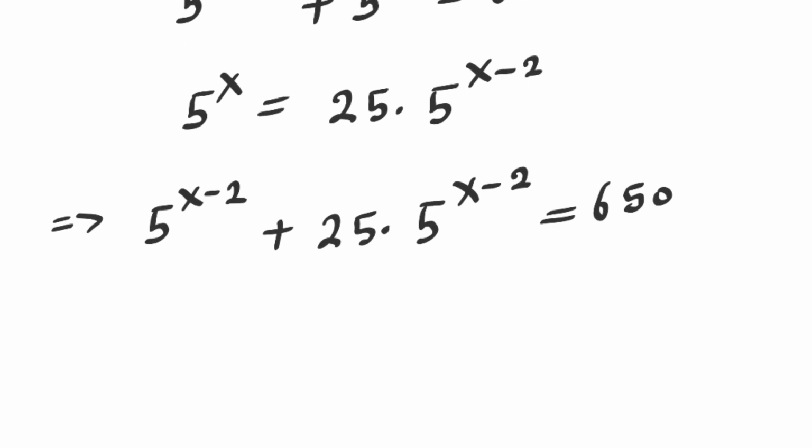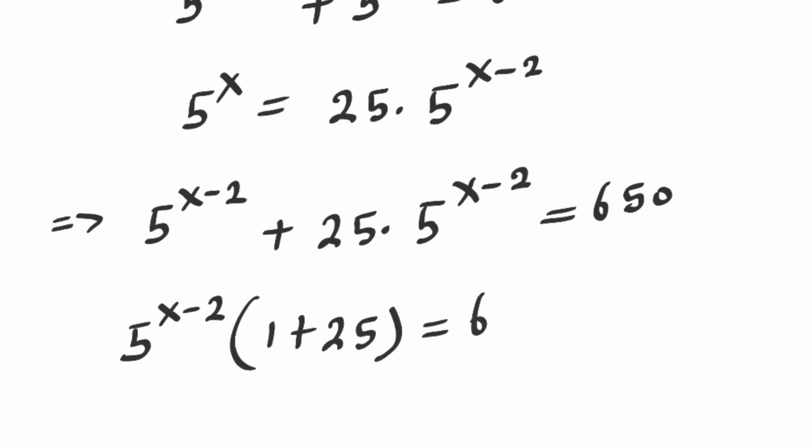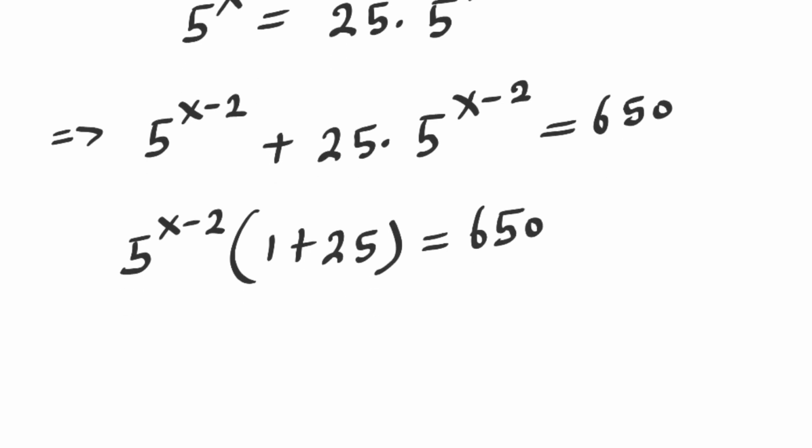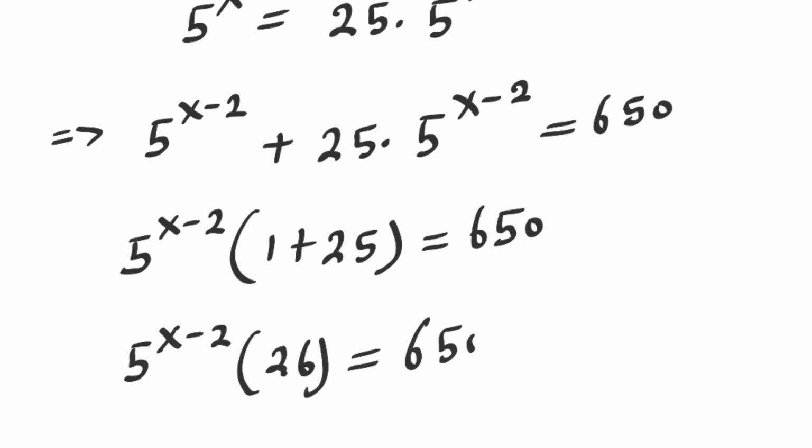You can see that 5 raised to power s minus 2 is common here. Let's bring it out. 5 raised to power s minus 2 bracket 1 plus 25 is equal to 650. 5 raised to power s minus 2 bracket 1 plus 25, this is 26, is equal to 650.